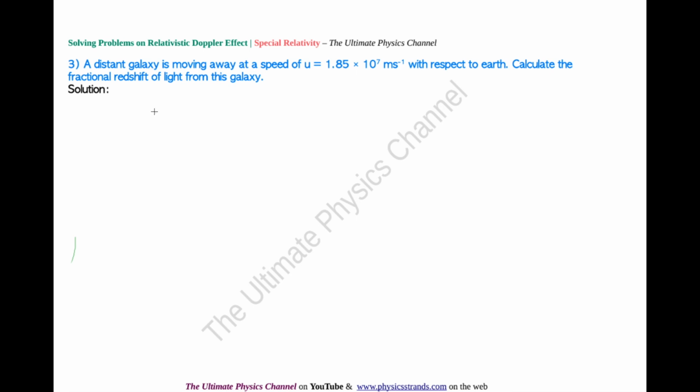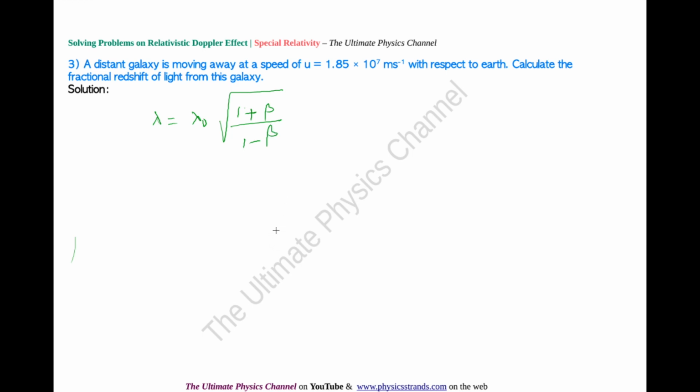For example, lambda is equal to lambda naught square root of... We know that most distant galaxies move away from the Earth. So in this case, redshifting of the wavelength occurs, which means the galaxy is moving away from us. So lambda is equal to lambda naught, and the wavelength increases, so it is 1 plus beta over 1 minus beta. This is the expression that we have to use here.